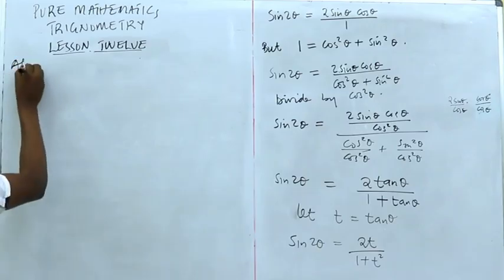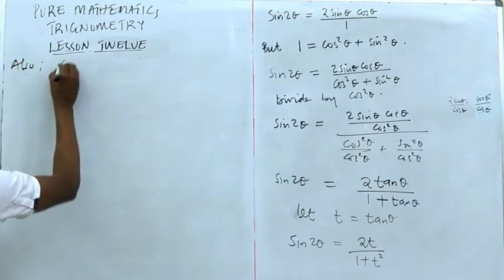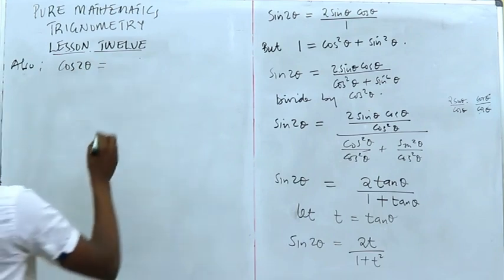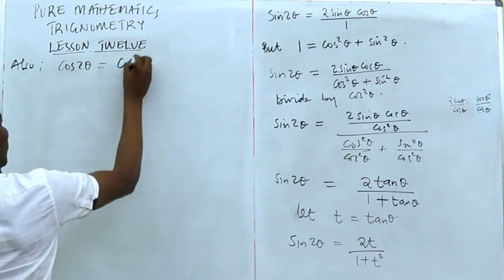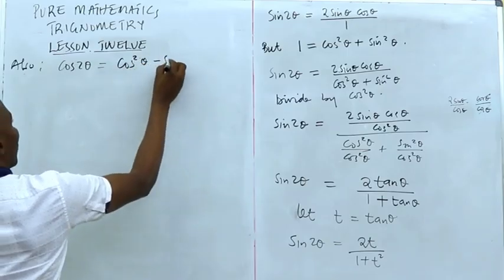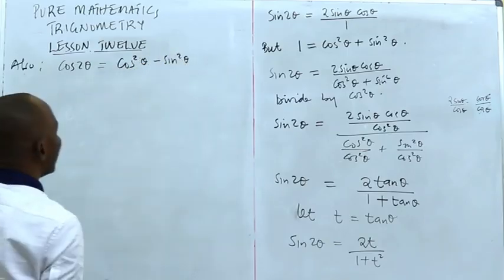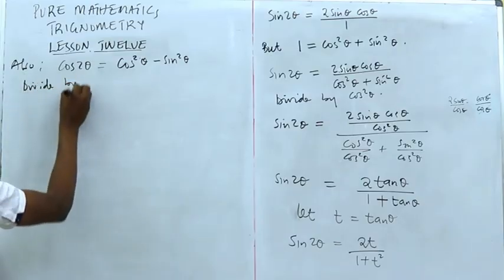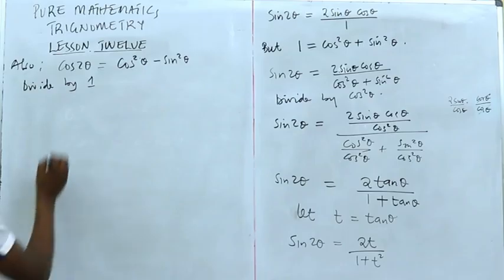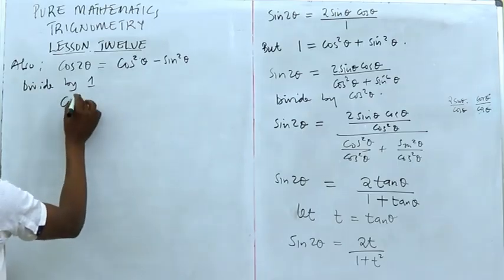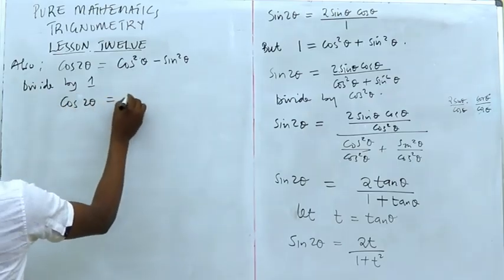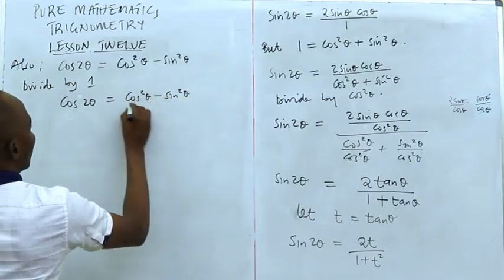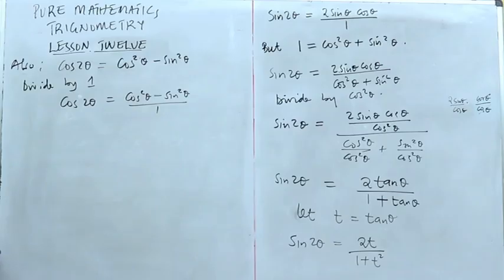Also, cos 2 theta from double angles, we proved that this one is cos squared theta minus sine squared theta. Now if I divide by 1, I'll have cos 2 theta is equal to cos squared theta minus sine squared theta over 1.